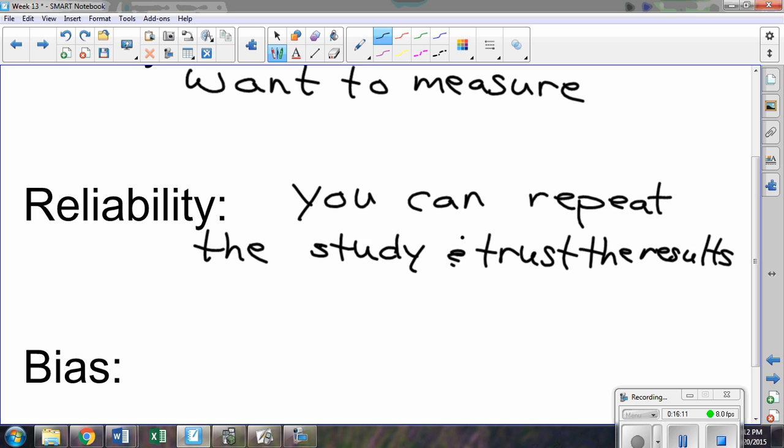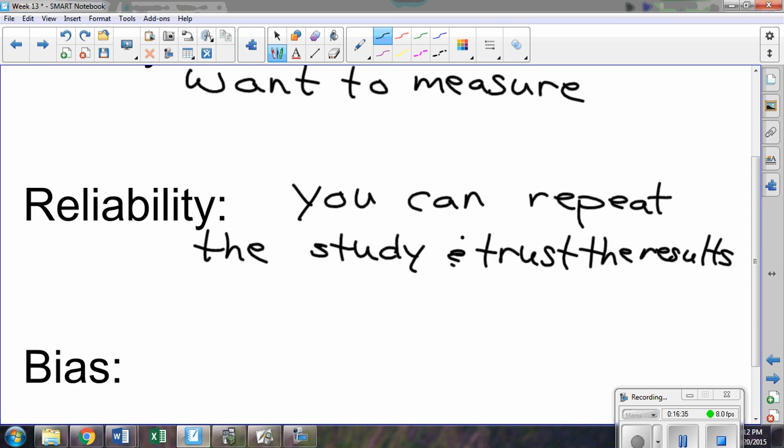For example, if I'm curious about our weight, if you get on the scale and it says 200 pounds, and then 5 minutes later you get on the scale and it says 350, what do you think about the scale? The scale's probably broken, because did you really gain 150 pounds in 5 minutes?